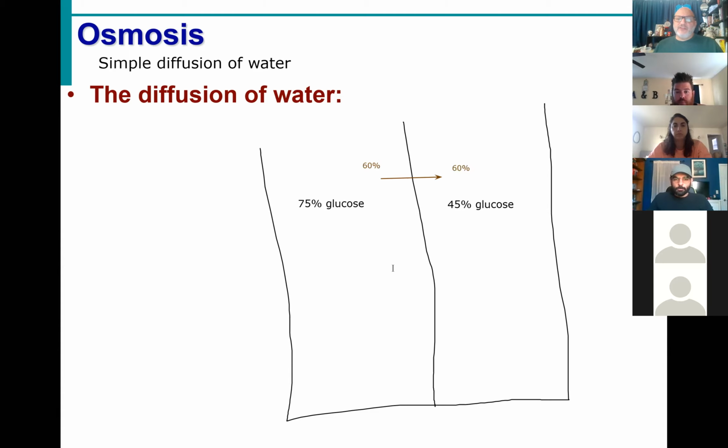But one of the important things to remember is when I say that this is 75% glucose, what's the other 25%? Water. Yeah, this is 25% water. Right? If the right side is 45% glucose, then what's the other 55%? Water. Excellent.